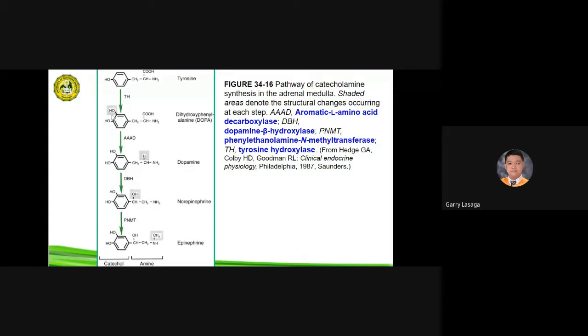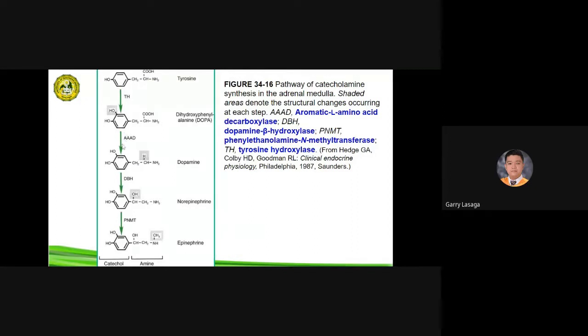So there is attachment of the hydroxyl group, and this is facilitated by the enzyme tyrosine hydroxylase. So when we say hydroxylase, that is an enzyme that will attach a hydroxyl group to a certain compound.